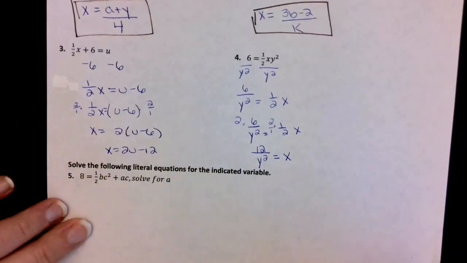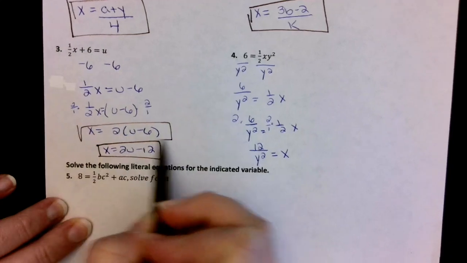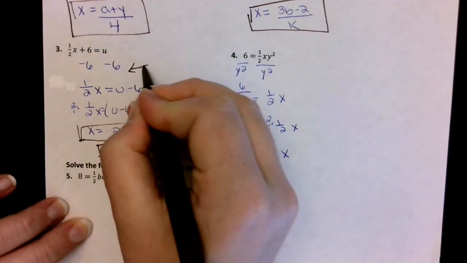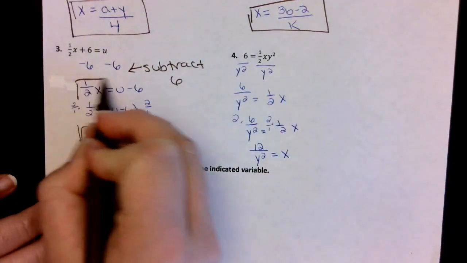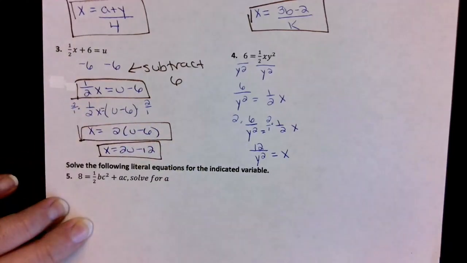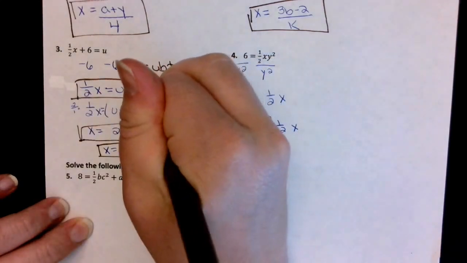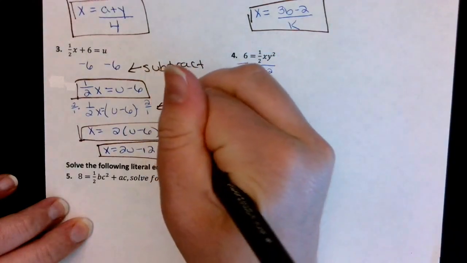In number 3, just as the first two go, you're always adding or subtracting first, just like in regular equations. So to get x by itself, because they both have x by itself there, I need to subtract the 6 from both sides. Which then leaves me here. 1/2 x equals u minus 6. To get x by itself and I have a fraction, I need to multiply by the reciprocal.